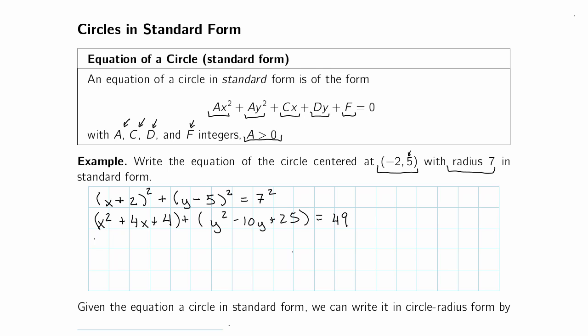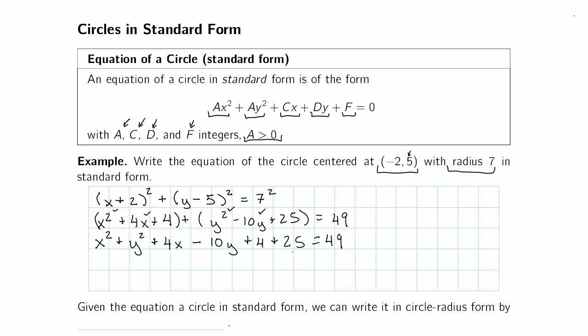What we do want to do is arrange the terms in the proper order. So I'm going to put my x squared term, and then my y squared term, and then my x term, and then my y term, and then let's see, I've got a plus 4 and a plus 25, and that equals 49.